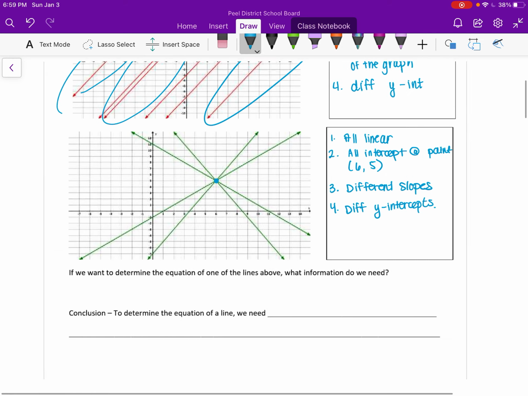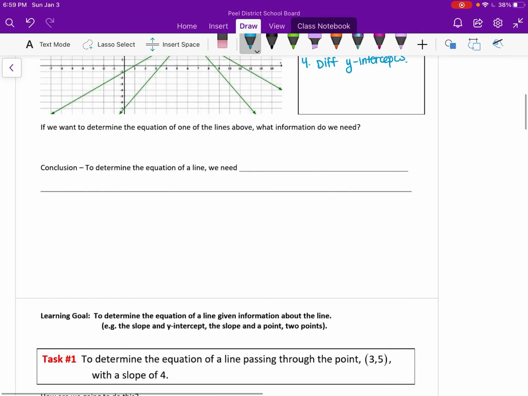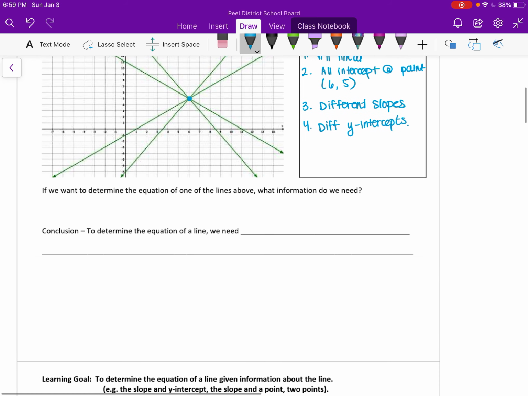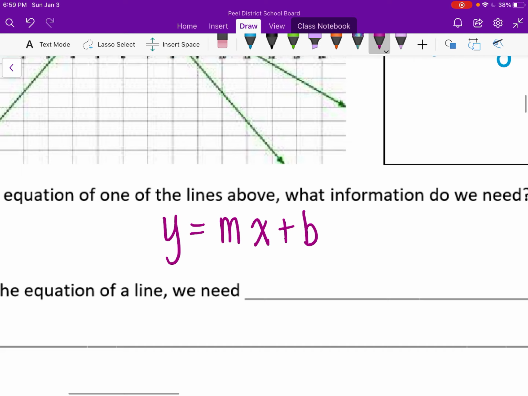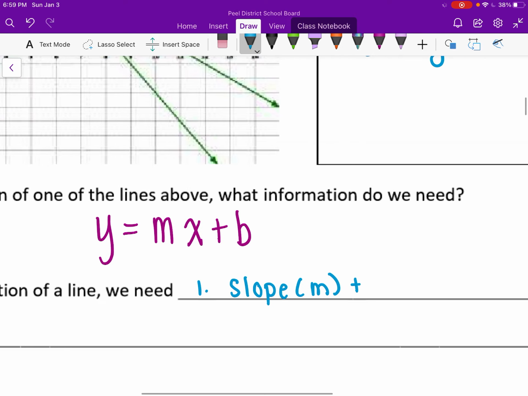Cool. And that's that. So if we wanted to determine the equation of a line, which as a review is y equals mx plus b, where y and x represent the points on the graph, m represents the slope, and b represents the y-intercept, you need a bit of information. You can have either the slope, which is m, plus the y-intercept, and that would be ideal.